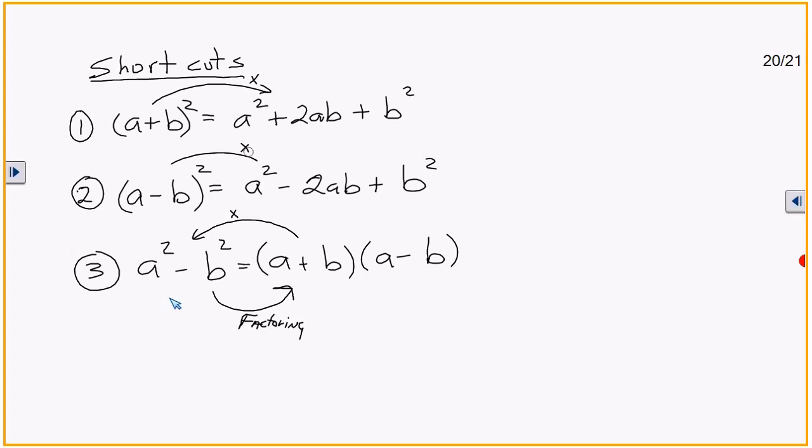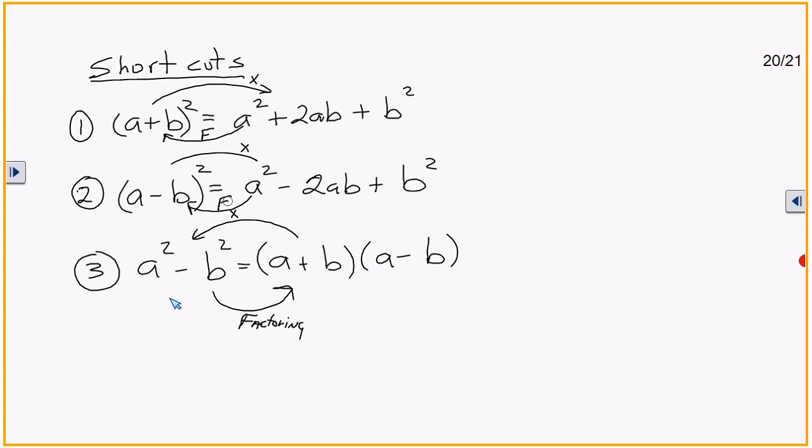If you go this direction, you're factoring. Now make sure you know these three shortcuts. I'm going to show you how we use them in just a second, but go ahead and pause the video and write those three down.